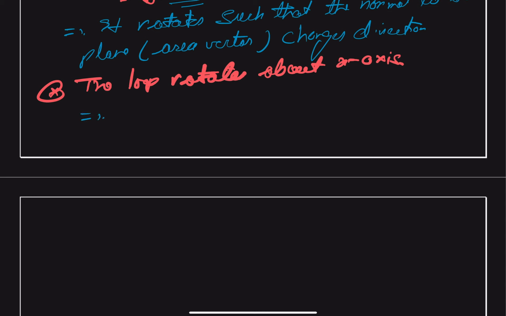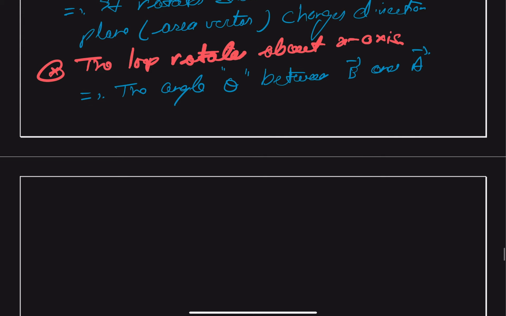Therefore, we can say from here that the angle theta between magnetic field and area vector varies with time.